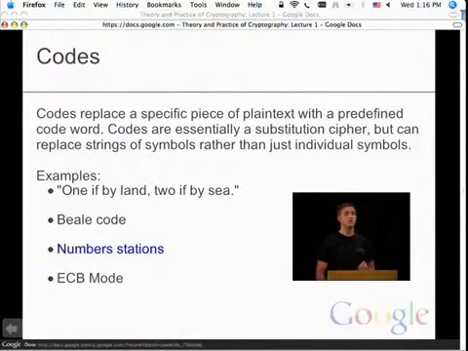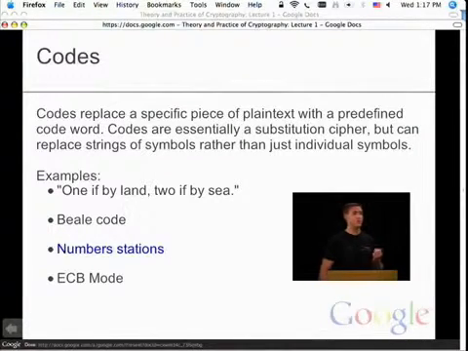An example of a code is Paul Revere: one if by sea, two if by land. You've got these predetermined messages, and one if by sea means the British are invading by sea, and two if by land means the British are invading by land. You've established this code book ahead of time, and you have to know the entire contents of the code book to use it. And if the British did something that wasn't in the code book, you don't have any way to convey that.